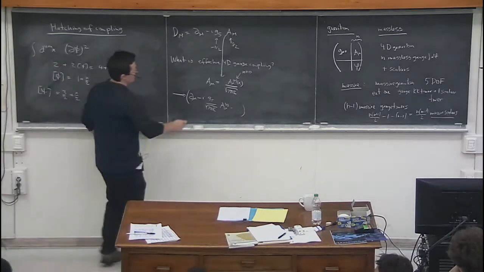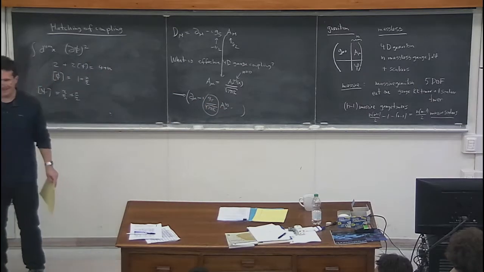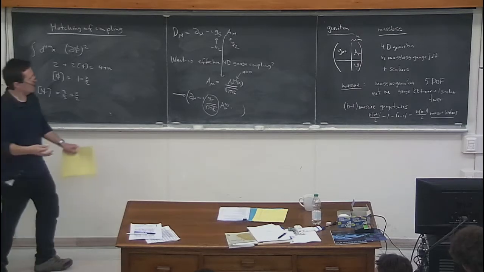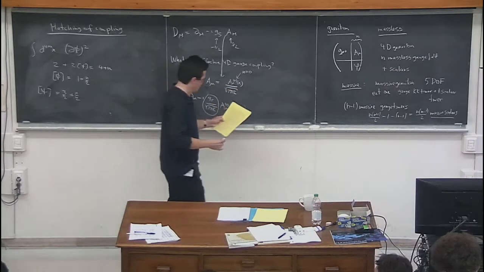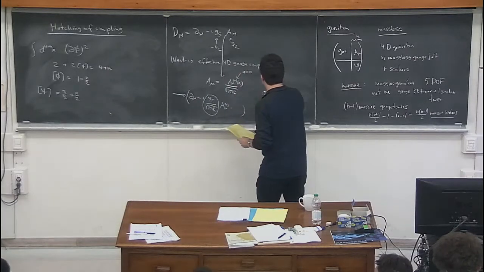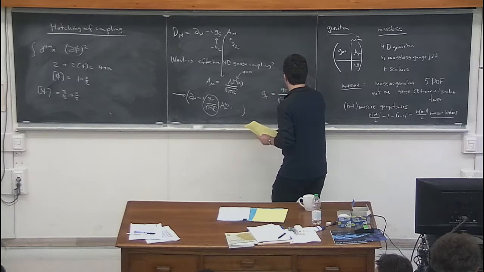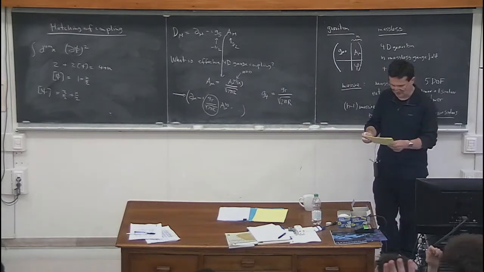So this combination is what I'm supposed to be identifying as the effective 4-dimensional gauge coupling of that gauge theory corresponding to the 0 mode of the 5-dimensional gauge field. So what I get is that g4 equals g5 over root 2 pi r, in this simple case when I just compactified on a circle.